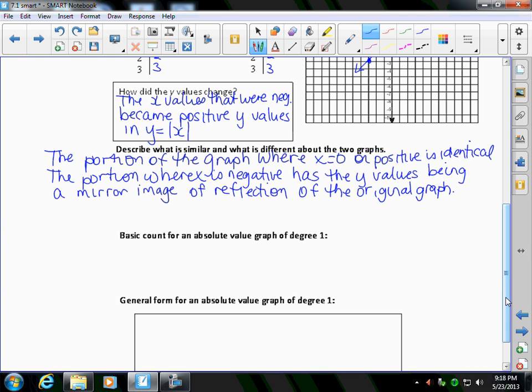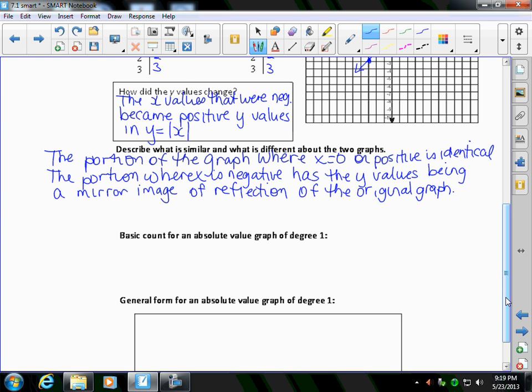So just like in graphing our parabolas or our quadratic functions, there is a basic count that we did. We did over 1, up 1, over 2, up 4, over 3, up 9.